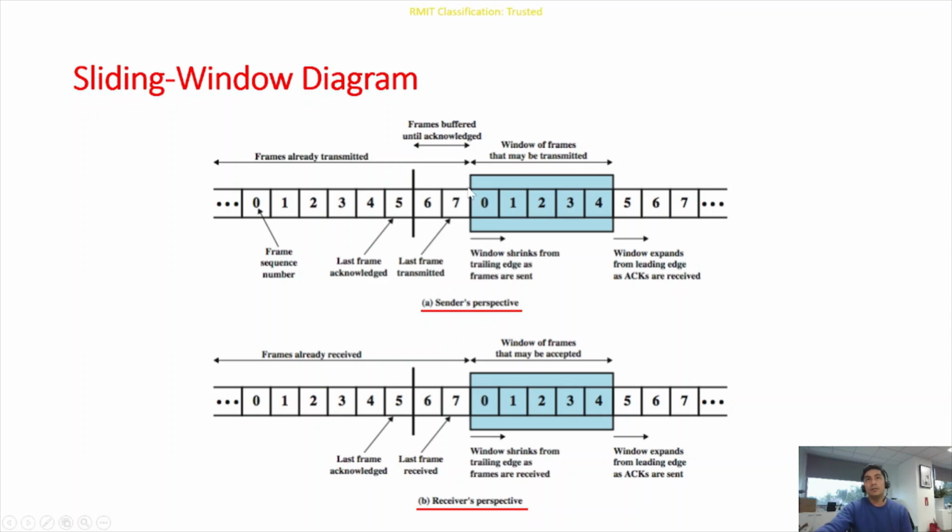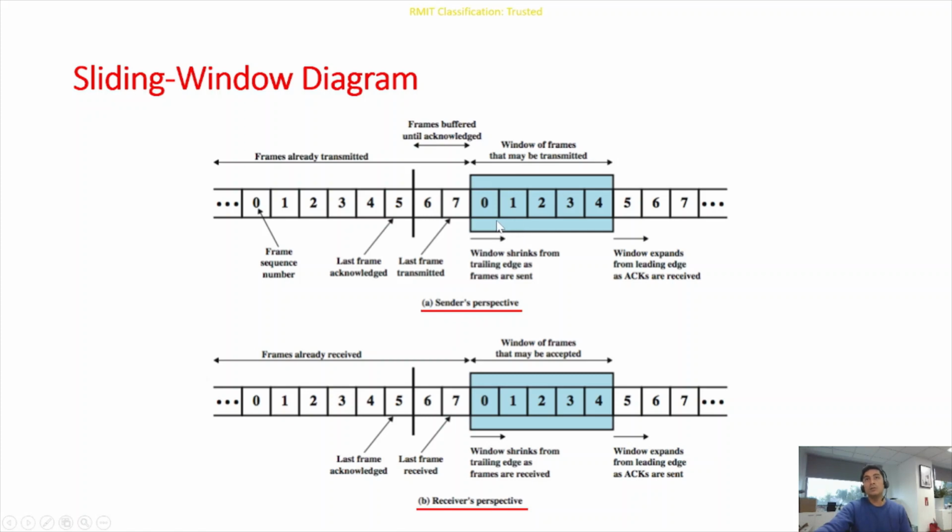On the right, frames 6 and 7 are also transmitted but not acknowledged yet. The blue shaded region shows the frames that the sender can send, representing the buffer size, the window of frames that may be transmitted.